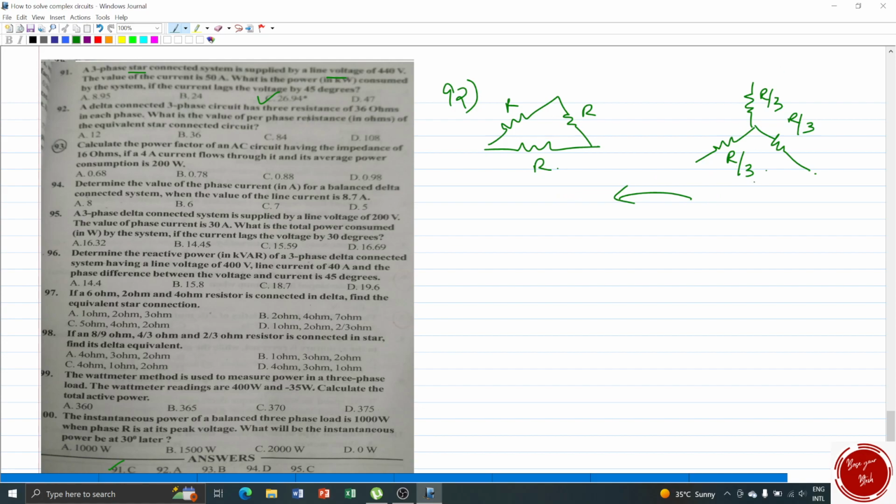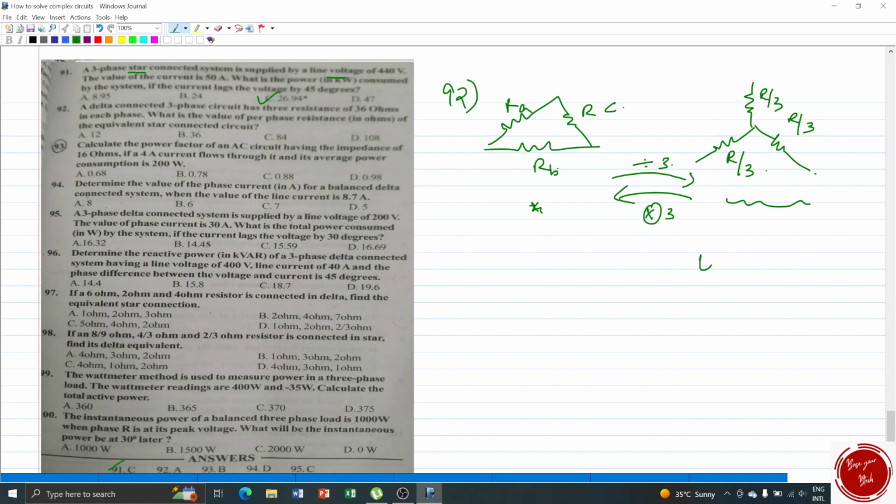If all the resistors in a star network are transformed to delta, then you have to multiply with 3. If you need to convert to delta, then you have to multiply it with 3. If you have to convert to star, you have to divide it by 3. Okay, and if the resistor values are different like Ra, Rb, Rc, for that a particular formula is there.